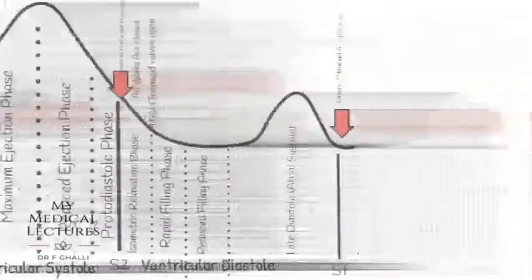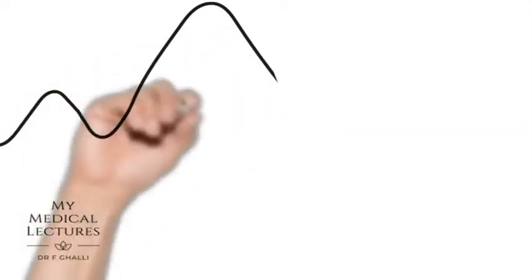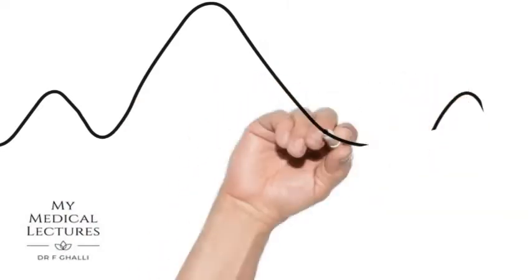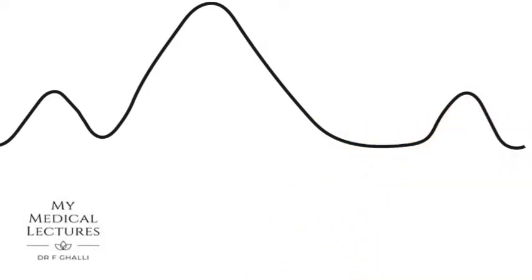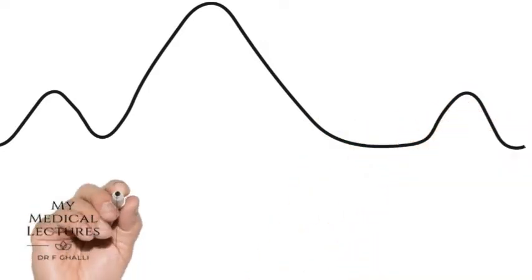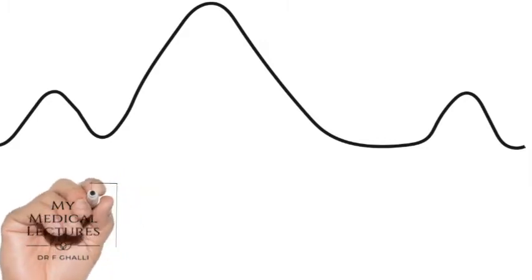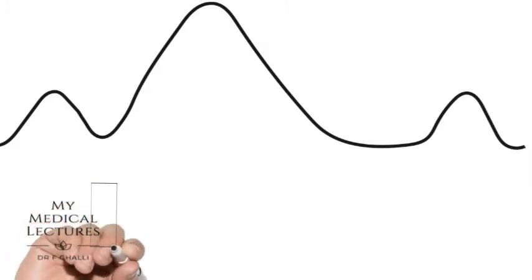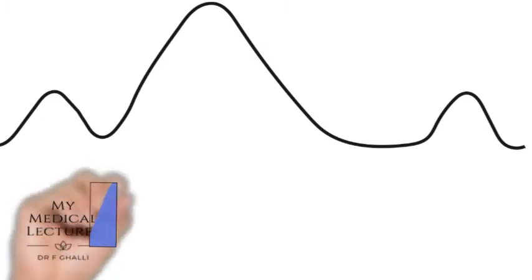So mitral and tricuspid are closed at the start of systole. If the mitral and tricuspid remain open because of regurgitation, this will lead to a systolic murmur. So if we draw this, I think it is better to have it straightforward, so we can get it like this. So if we have this line, and then let us put the heart sounds.